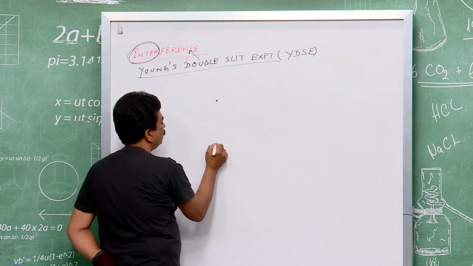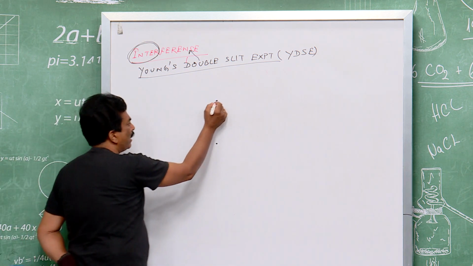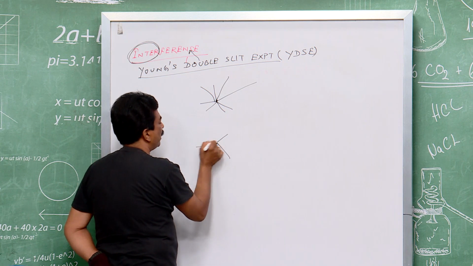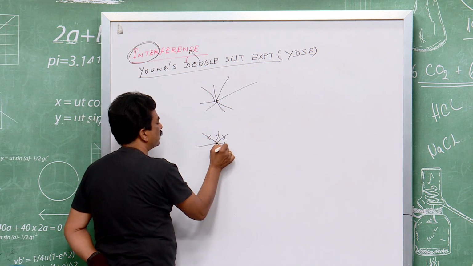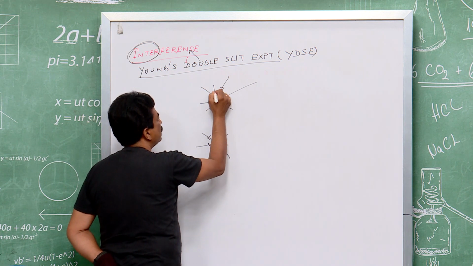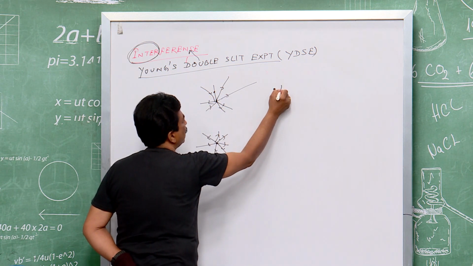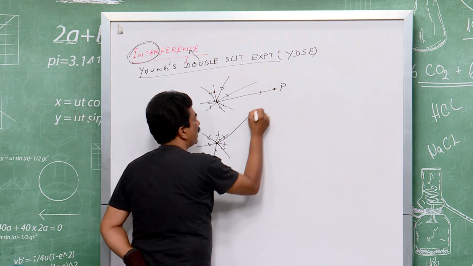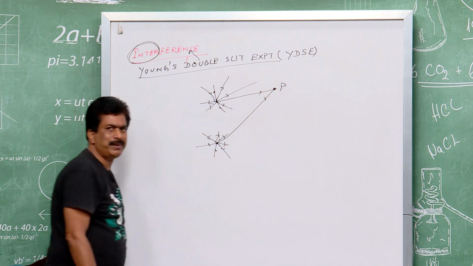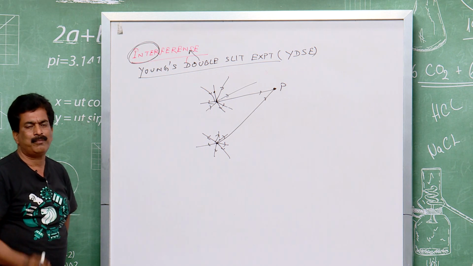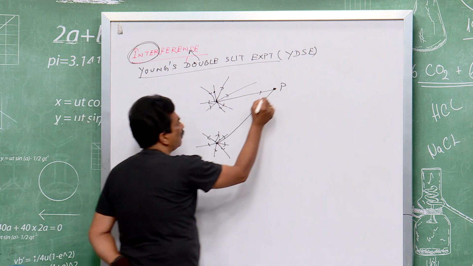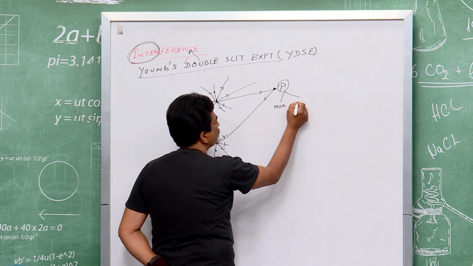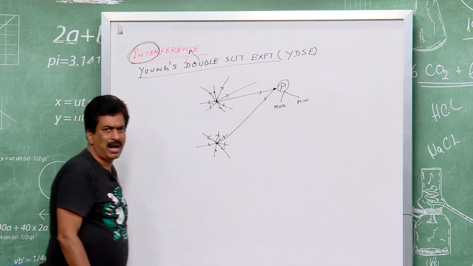Suppose you have two torchlights, and one is giving its rays in all directions, the second is also giving its rays in all directions, and these rays meet at a point, say point P. The point P is treated as the point of interference, and at that point it will produce two cases: either maximization or minimization.